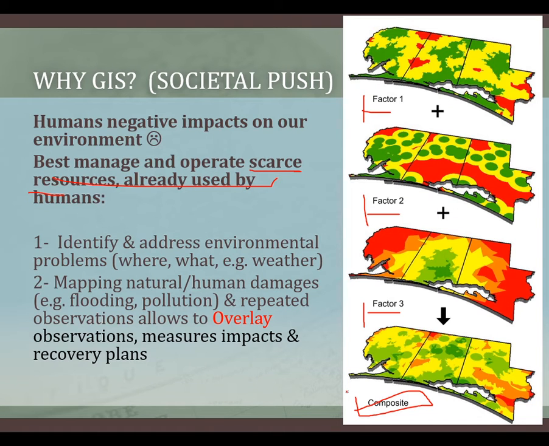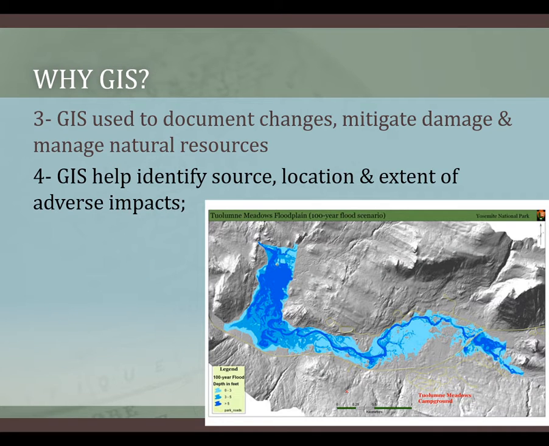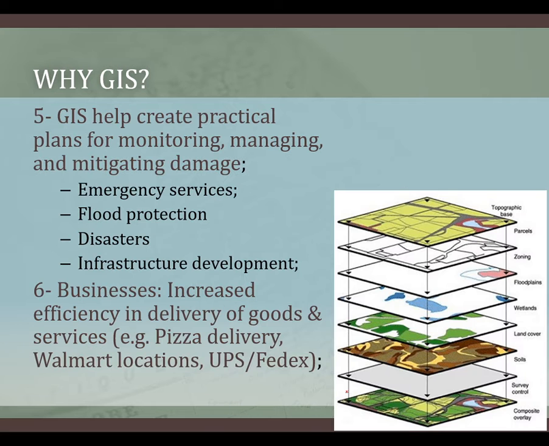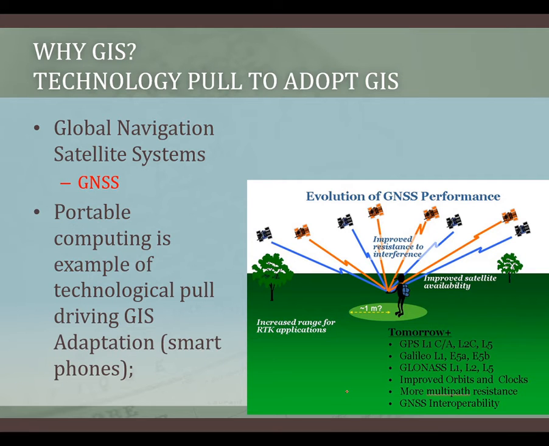So these are the 5 different whys of GIS that create the push. We want to identify problems, we want to map the damages that happened, we want to document changes, we want to identify source, location, extent of these impacts, we want to help make plans to mitigate this, and we want to increase the efficiency for us.